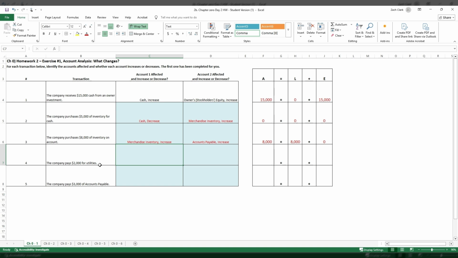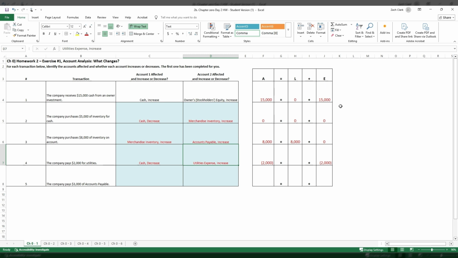So here in number 4, we paid $2,000 for utilities. So again, cash decrease, we're making a payment. So that's going to be a decrease in our assets. And we're paying the utilities expense, and that expense is going to increase. But what that does to equity is decrease it, right? So this E doesn't stand for expense, it stands for equity.